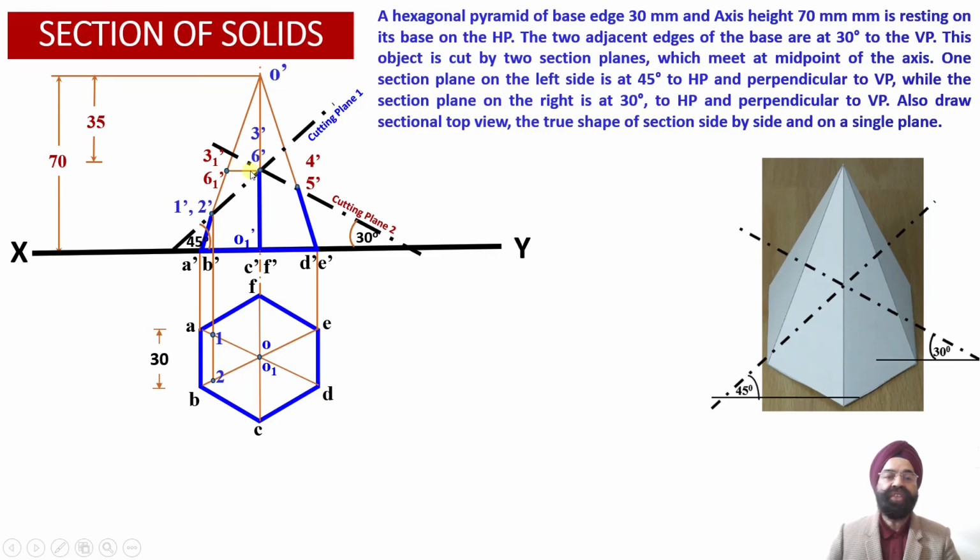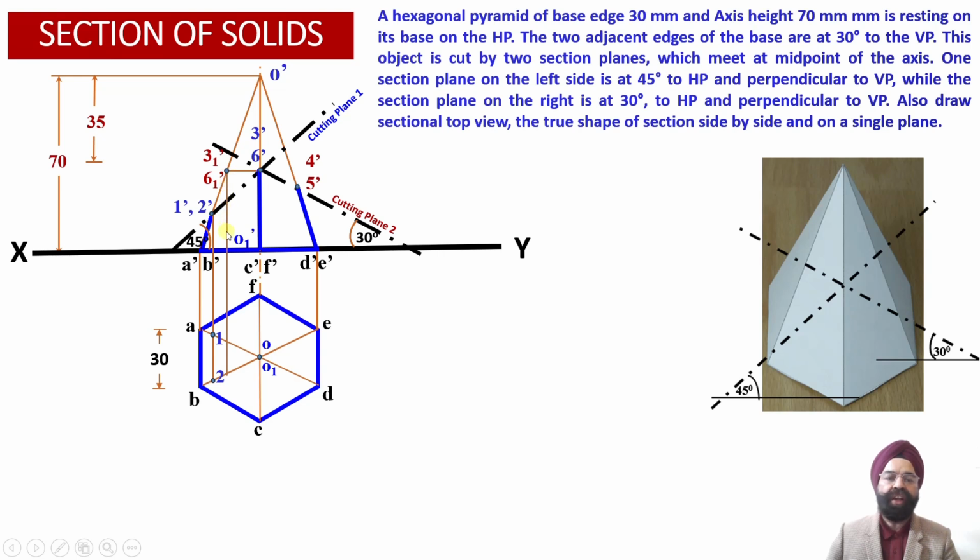So this radius we have been able to obtain. Now corresponding to this radius, or the points 3'1 and 6'1 obtained on the slant generators O'A' and O'B', let us project these points into the top view projections.